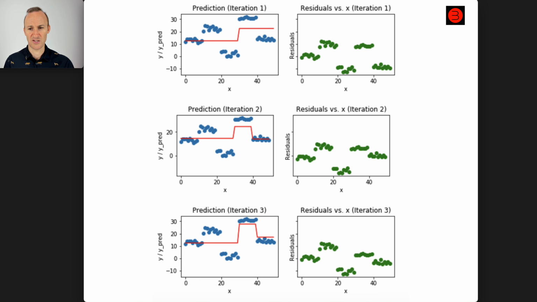You can see each round, if you look at where it's 0, the data points get closer to it, because the new red line each round is created based on the residuals. So it starts to get better over time.